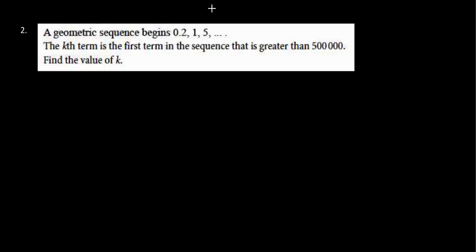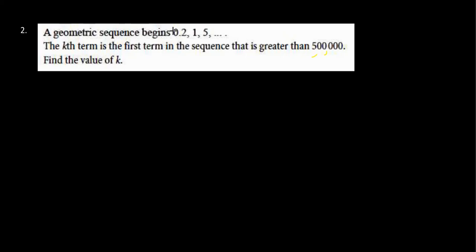Second question: there is a geometric sequence where 0.2 is the first term, then 1, then 5. The kth term is the first term in the sequence that is greater than 500,000. Find the value of k.